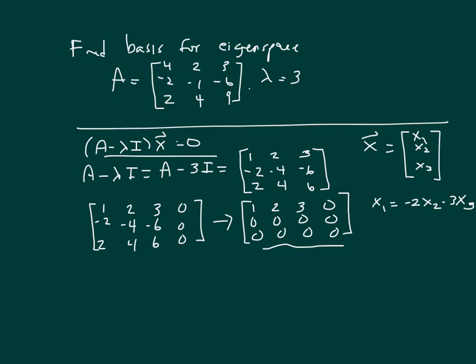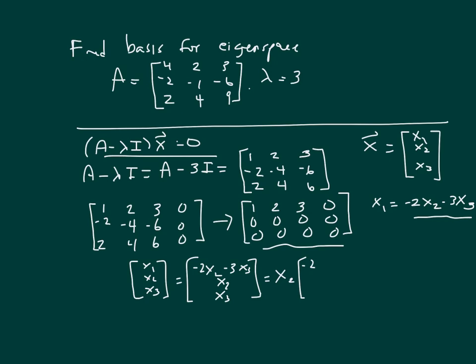So we have two free variables. That means the dimension of the eigenspace is equal to 2. And so x1, x2, x3 has to be of the form minus 2x2 minus 3x3, which, if we write it as a linear combination of those variables, we get x2 times negative 2, 1, 0, plus x3 times negative 3, 0, 1.